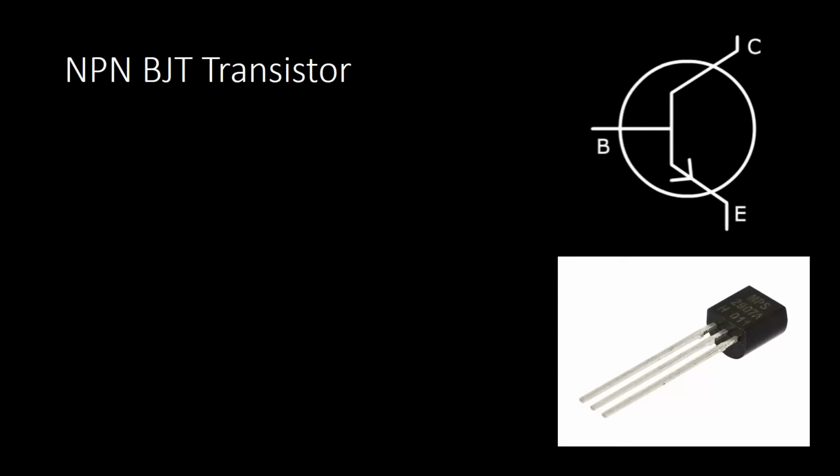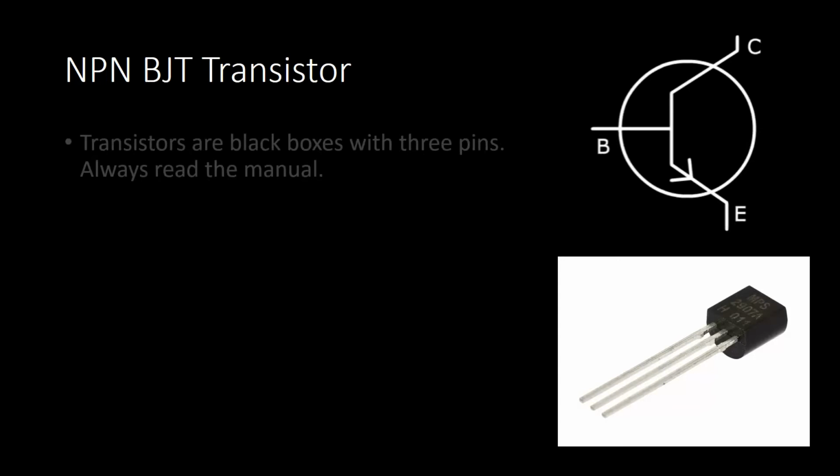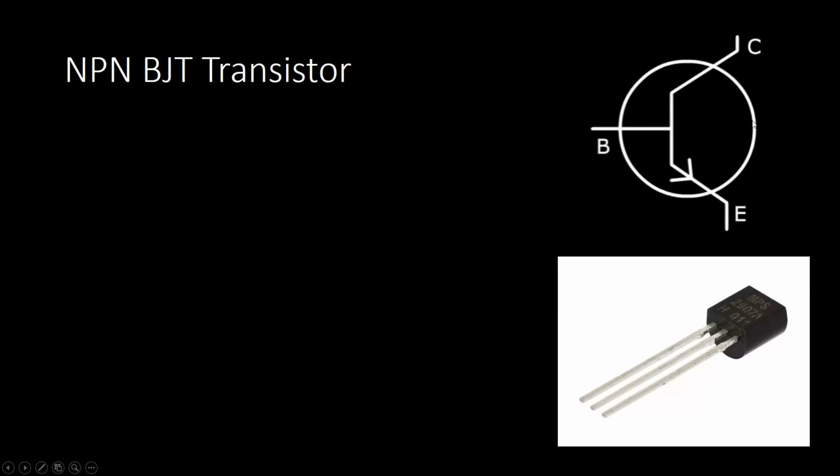You can get tiny little transistors, and you can even build transistors into a silicon wafer, which can have billions of transistors on one wafer. Above that, we have the circuit diagram for a transistor with the collector, base, and emitter all labeled here.